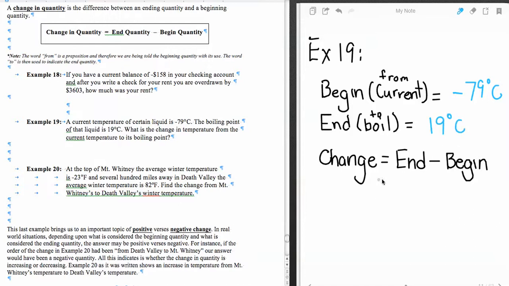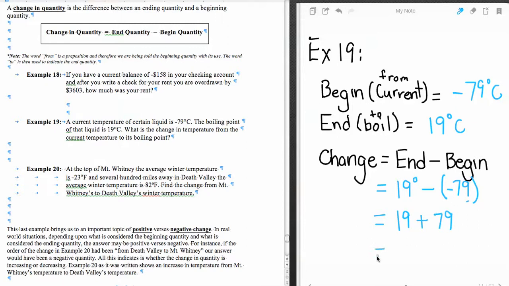So in order to find the change, how much heat we have to put into this, we're going to put in the ending temperature, which is 19 degrees, and then we're going to subtract from that the beginning temperature, which is a negative 79 degrees, and that means we're doing the integer addition problem of copy the first number, 19, add to it the opposite of the second number, which is a positive 79.